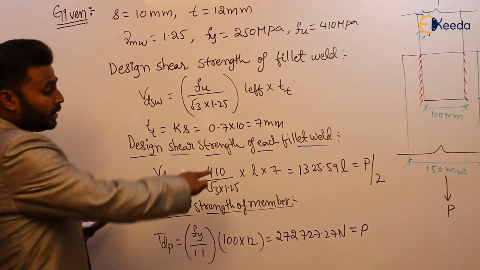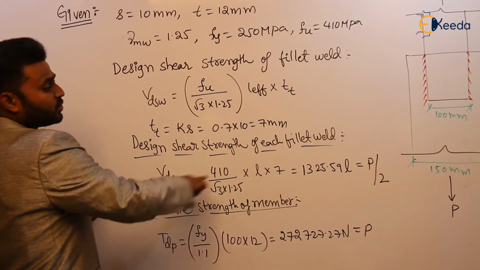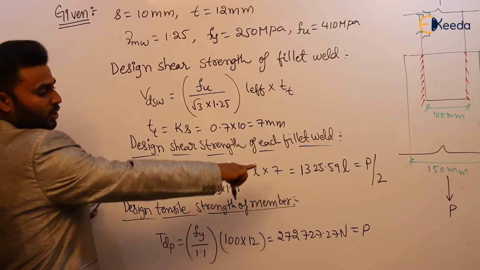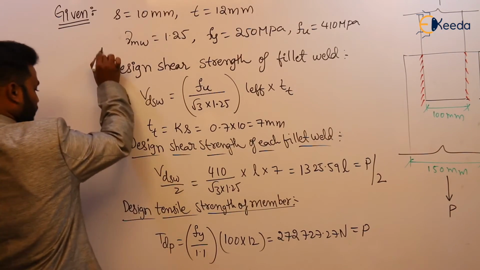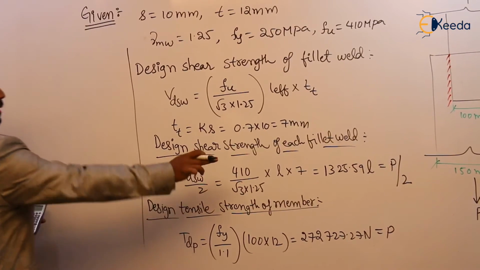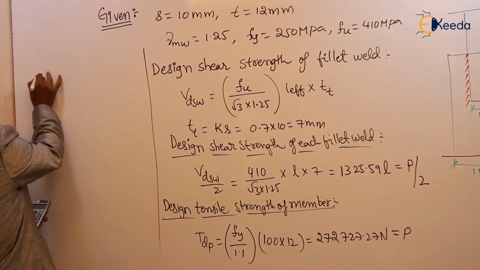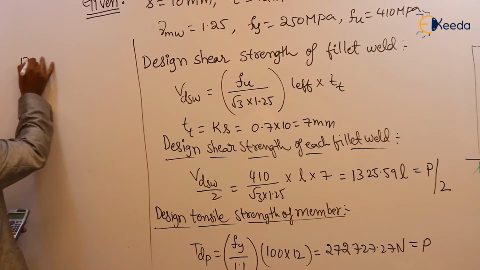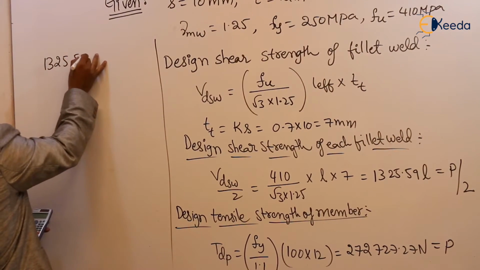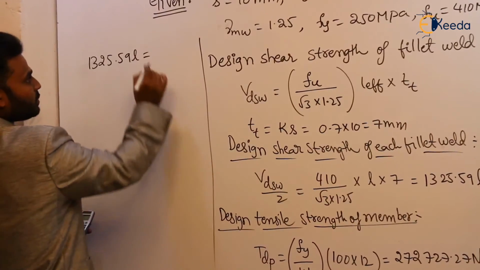Now our weld has to take this much P by 2, each weld. So we equate these two. 1325.59 L is equal to P by 2. How much is P by 2?